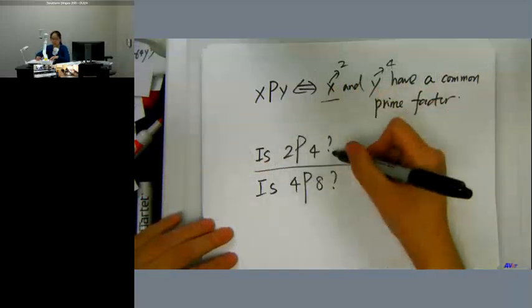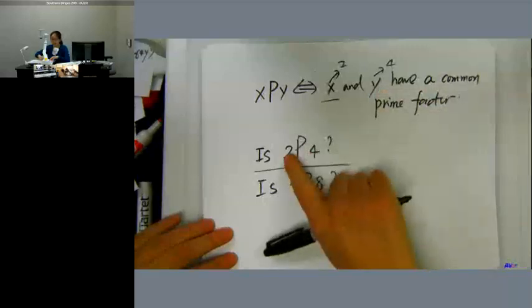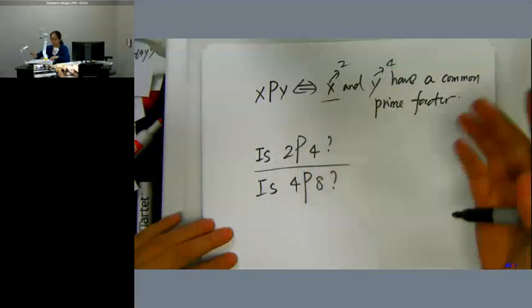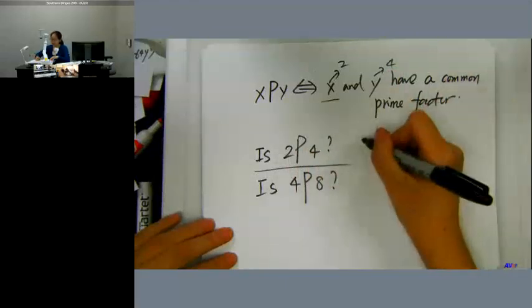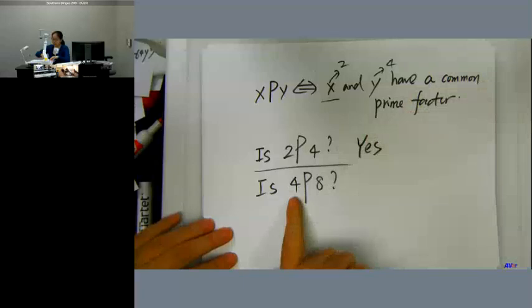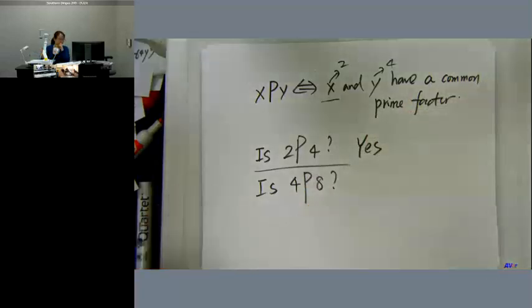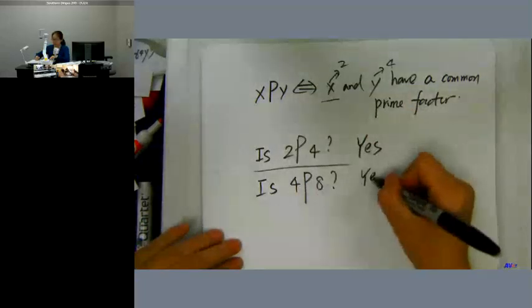Yes, because they do have 2 in common, right? 2 goes into 2, 2 goes into 4. So they have a common prime factor 2, because 2 is prime. So you would say yes. Next question. Is 4 related to 8? Still yes, because 2 still goes into both of them.